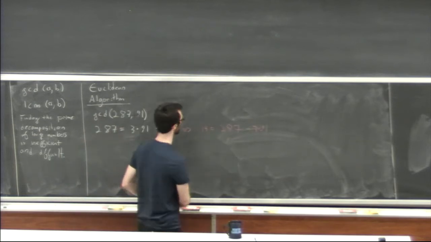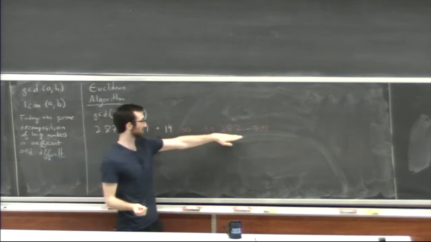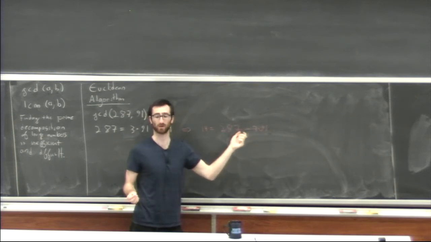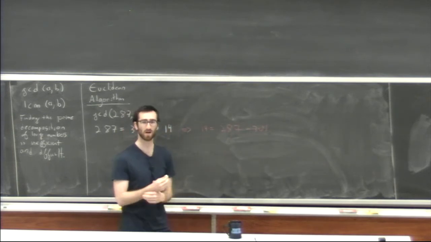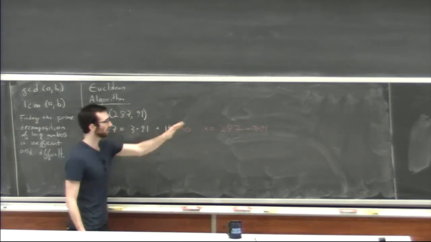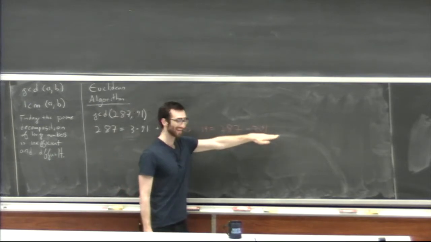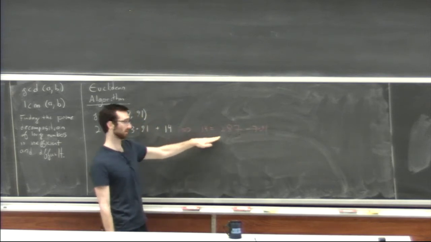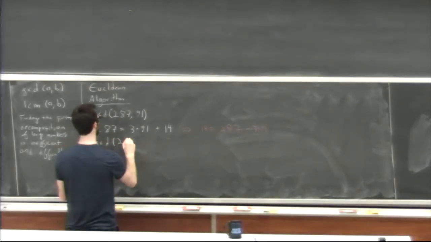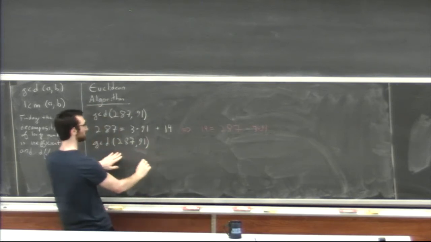Whatever divides this number and divides this number will divide the difference of these two numbers. This is one of our first things that we talked about when we talked about division. So whatever the GCD is, since it divides both 287 and 91, it has to divide 14.